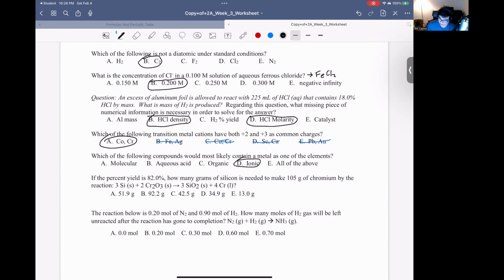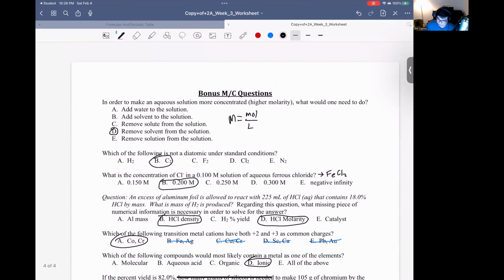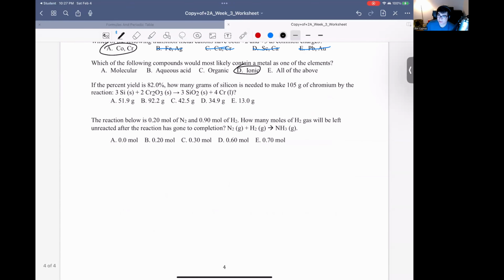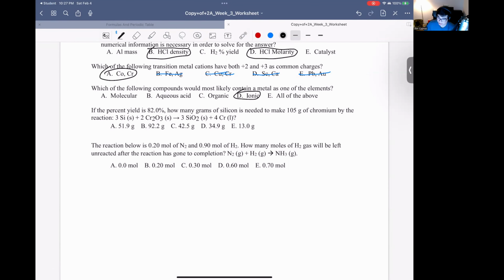So for your percent yield, wait, let me double check this. 105 grams of chromium. Yeah, so we're going to prepare to make more, right? If you're only getting out 105 grams of chromium, we need to make more if we're only getting 82%.